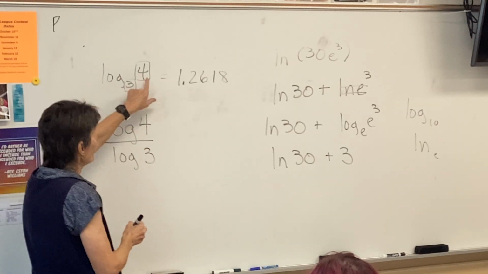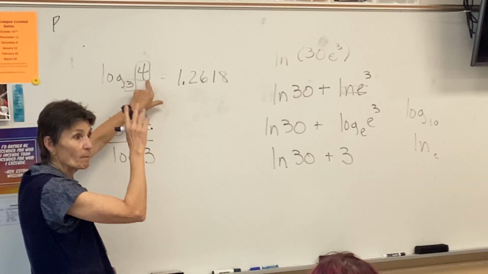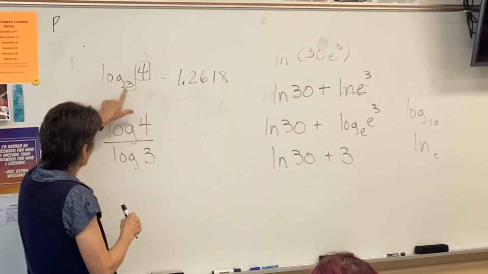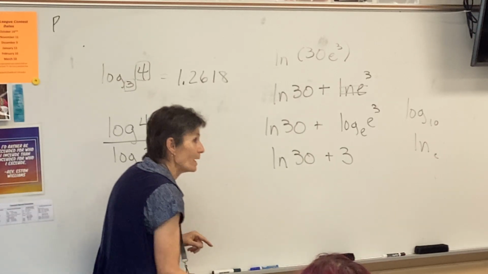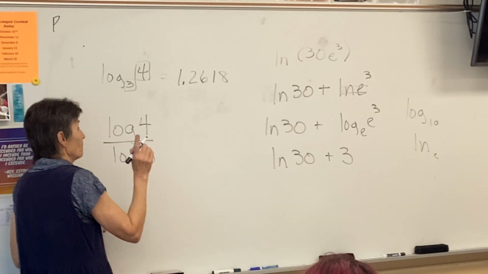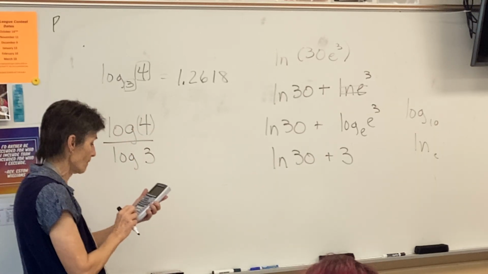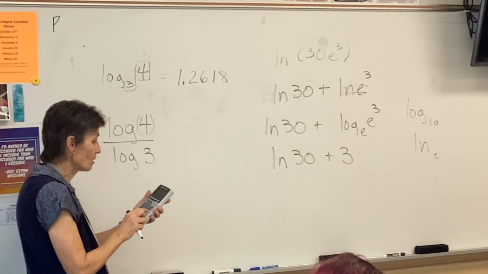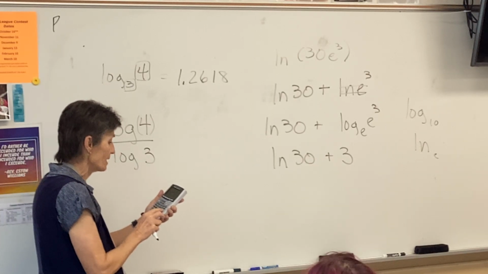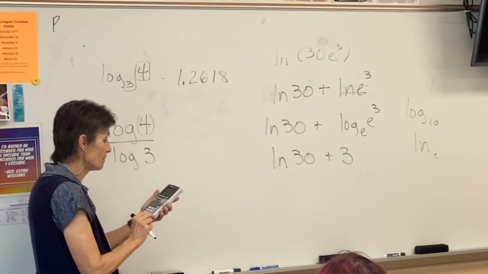So log of the top, I call it the top number, the big number 4, over log of the bottom number. Go ahead and type that in. Be careful, you gotta close the parentheses after the 4. So type log 4, close parentheses, divided by log 3.